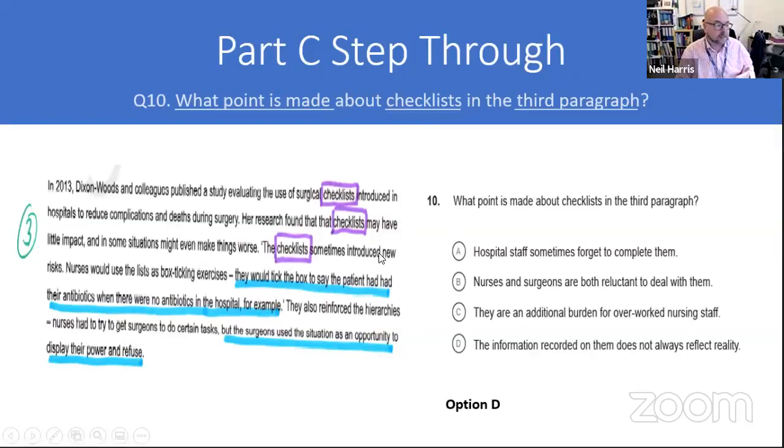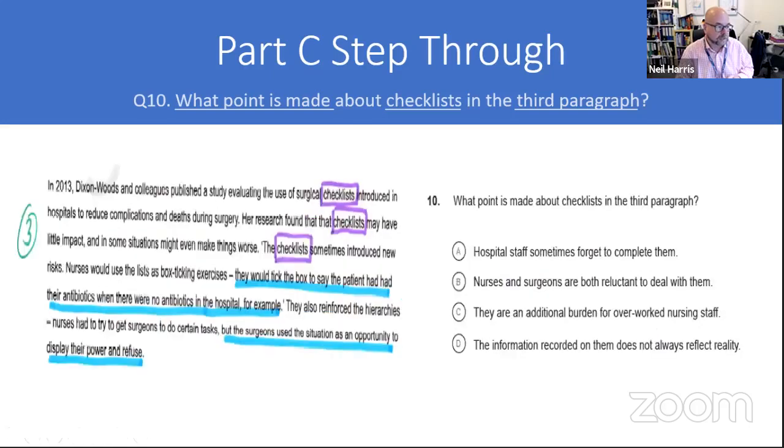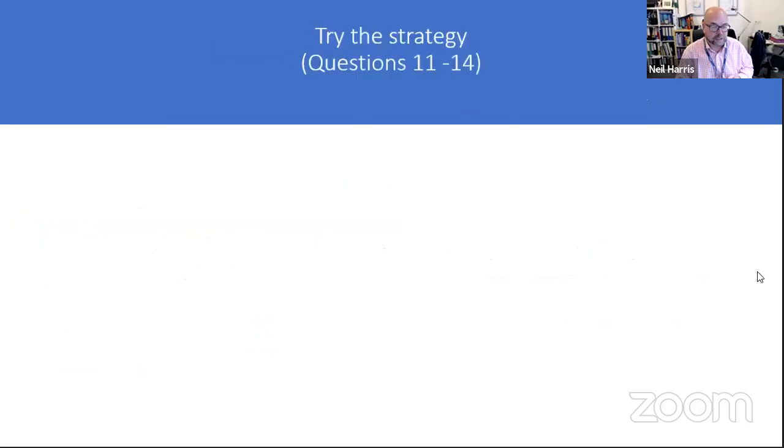We've gone very slowly, but what I've wanted to do is really enable you to start thinking about the strategies here. So we're going to go for one final question, but for this one, I'm not going to step you through it. I'm going to simply ask you to have a go yourselves.